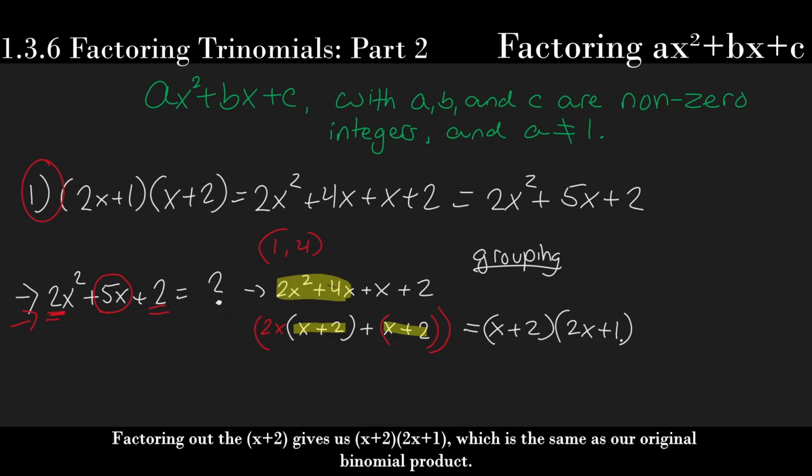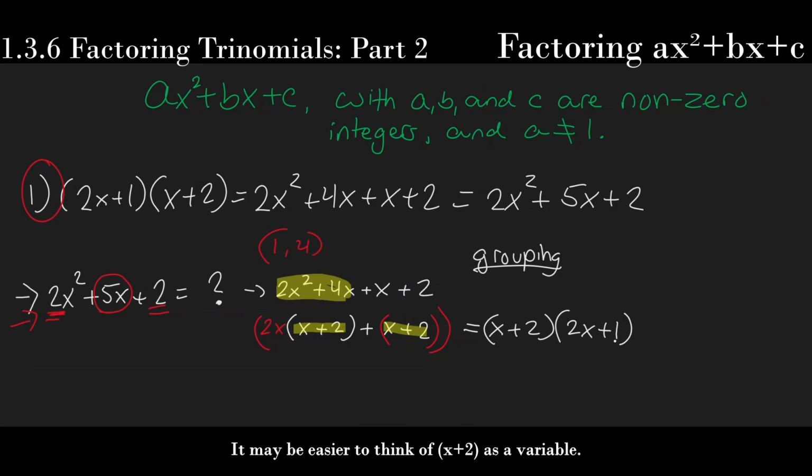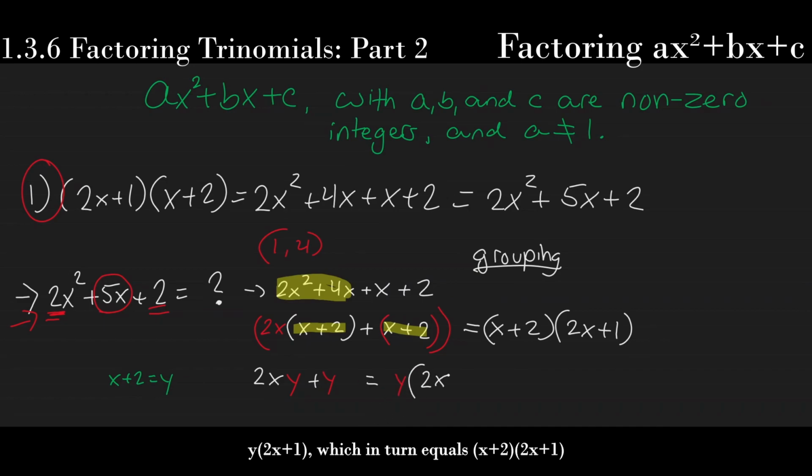our original binomial product. It may be easy to think of x plus 2 as a variable. If you said x plus 2 equals y, then you could write 2x y plus y. And then factor out the y times 2x plus 1, which in turn equals x plus 2 times 2x plus 1.